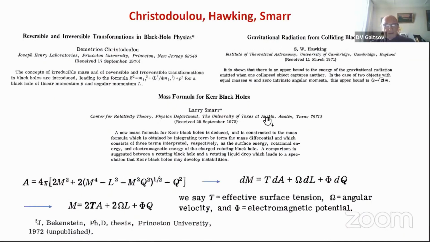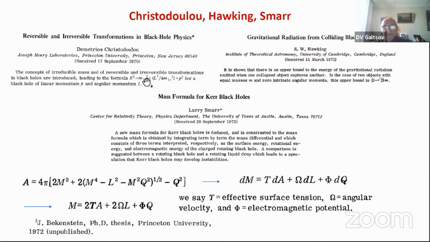Now, the topic is about Smarr, and this is a historical paper by Smarr of 1972, which was preceded by two even more historical ones. One is Christodoulou, who was the first to show the usefulness of the concept of black hole horizon area.